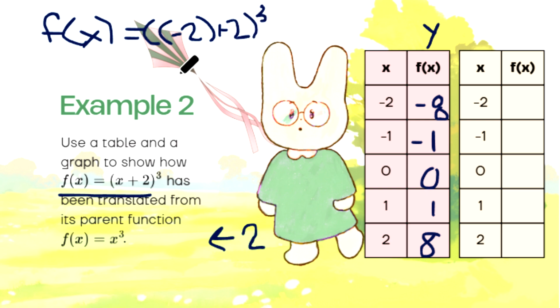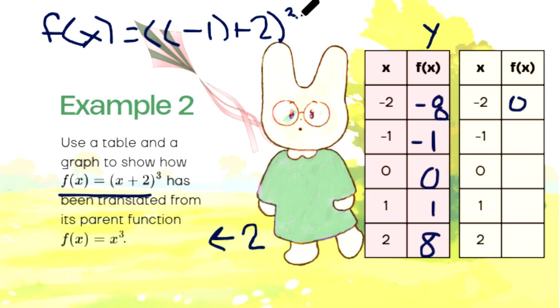So -2 plus 2 becomes 0 cubed, and 0 cubed is just 0. Okay, let's go to our next one. We have -1, so f of x is equal to -1 plus 2 cubed. -1 plus 2 becomes +1 cubed, which gives us just 1. Okay.